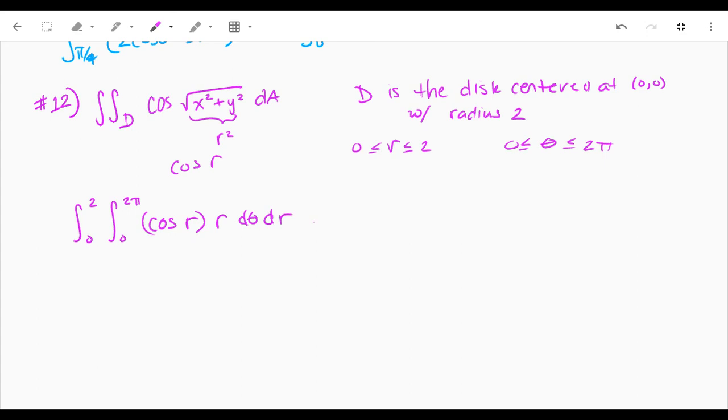We can do your integral from 0 to 2 of r cosine r dr times your integral from 0 to 2 pi of d theta.